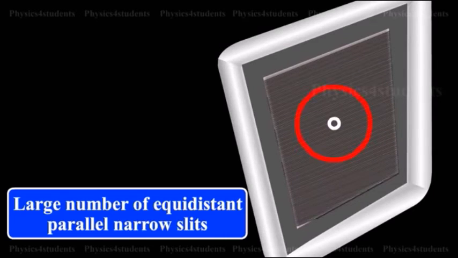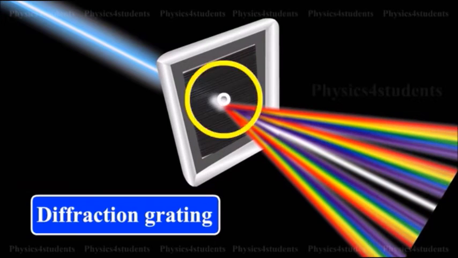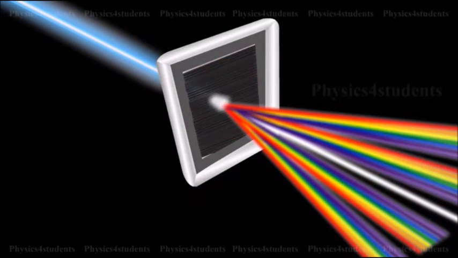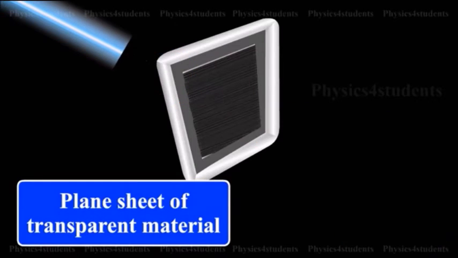Diffraction grating. An arrangement consisting of a large number of equidistant parallel narrow slits of equal width separated by equal opaque portions is known as a diffraction grating. The plane transmission grating is a plain sheet of transparent material on which opaque rulings are made with a fine diamond pointer.